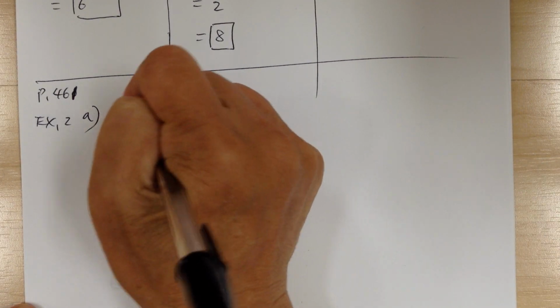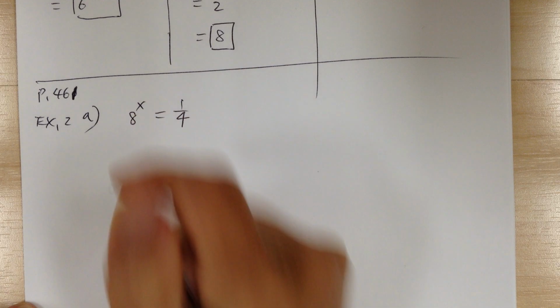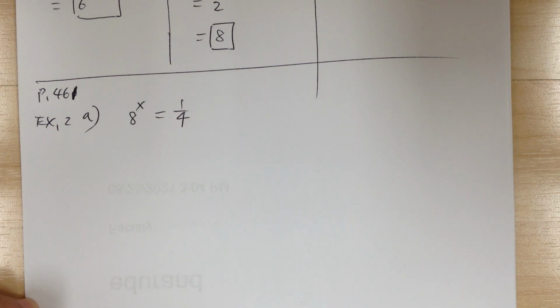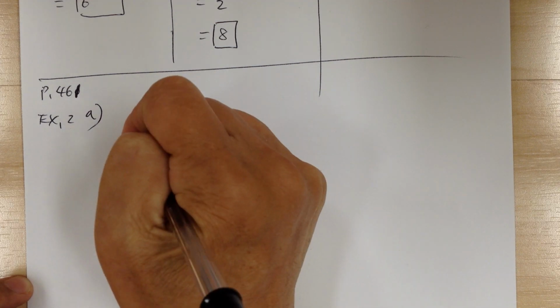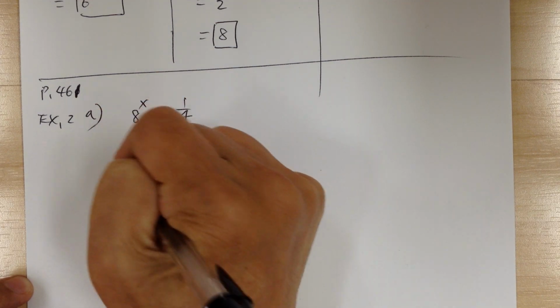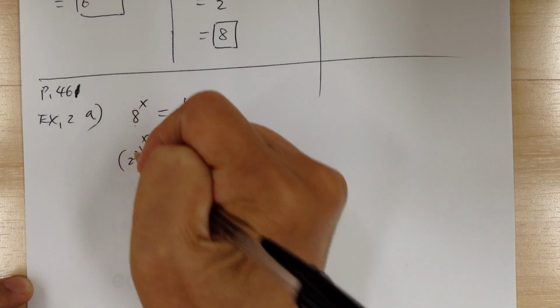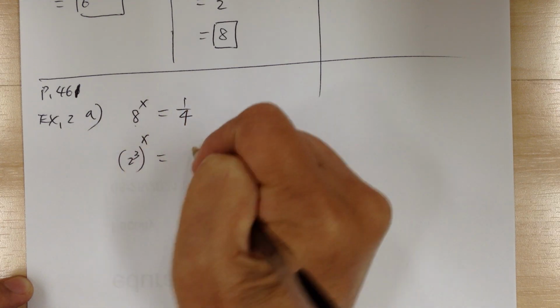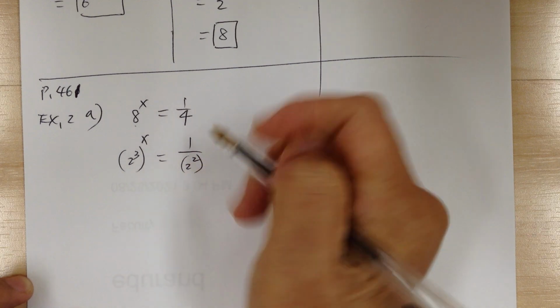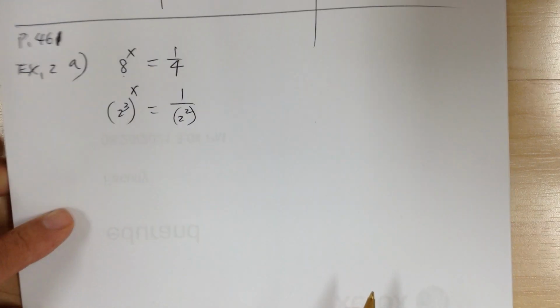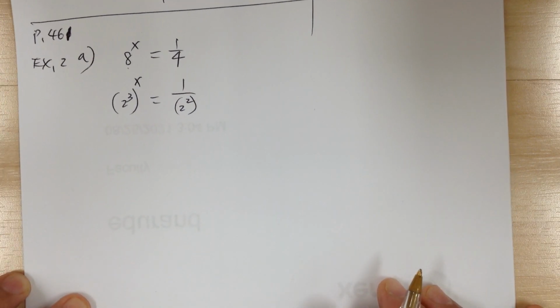You've got 8 to the x equal to 1 over 4. If you're not sure what to do, break it down into the lowest base possible. So 8 is equal to 2 to the 3rd power, and whatever you change, put it in parentheses temporarily. Now 4 is equal to 2 squared. The parentheses help you avoid careless mistakes.